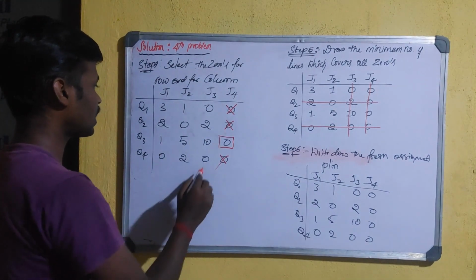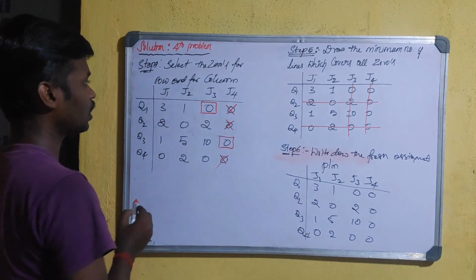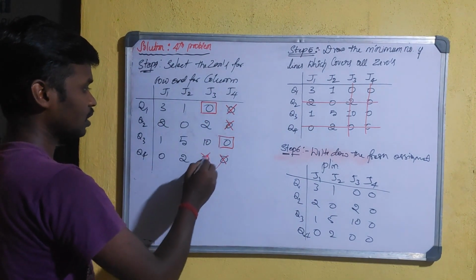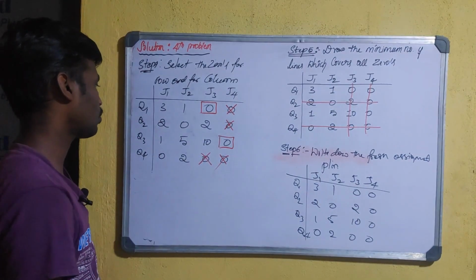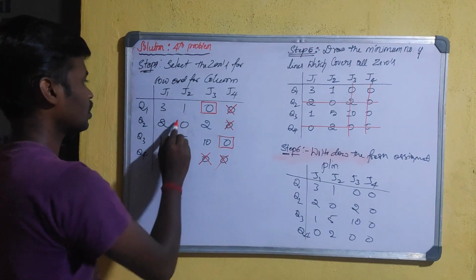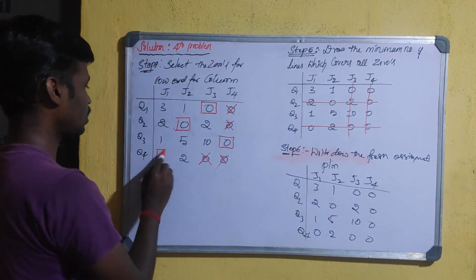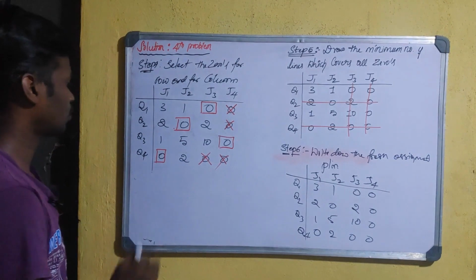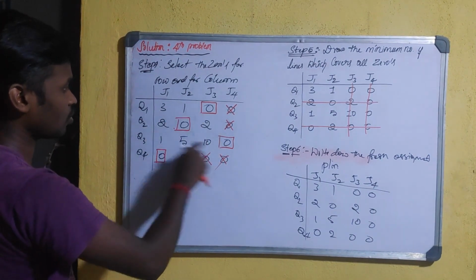Next, I am going to select this zero. Next, it is not possible to select a zero in the same column. Next, I am going to select this zero. Finally, you have only one zero. Is any zero repeated in the same column or the same row?